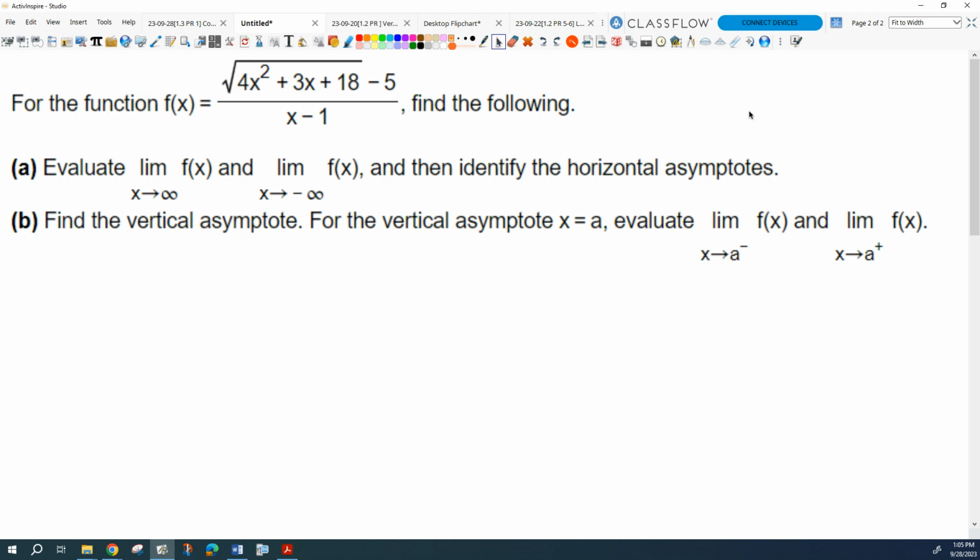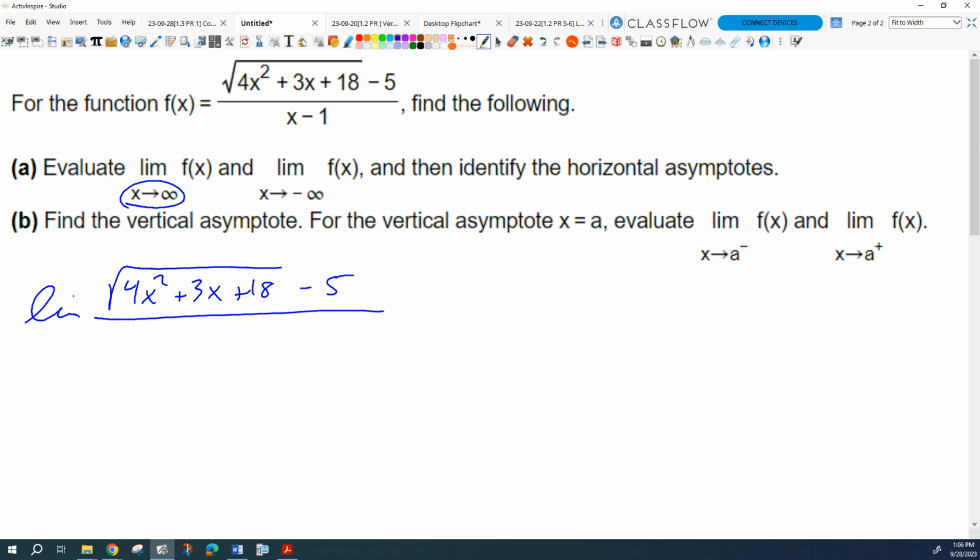How could I deal with this though? Let's just take the first example. Let's take positive infinity. The limit of the square root of 4x squared plus 3x plus 18 minus 5 over x minus 1 as x approaches infinity looks very complicated.